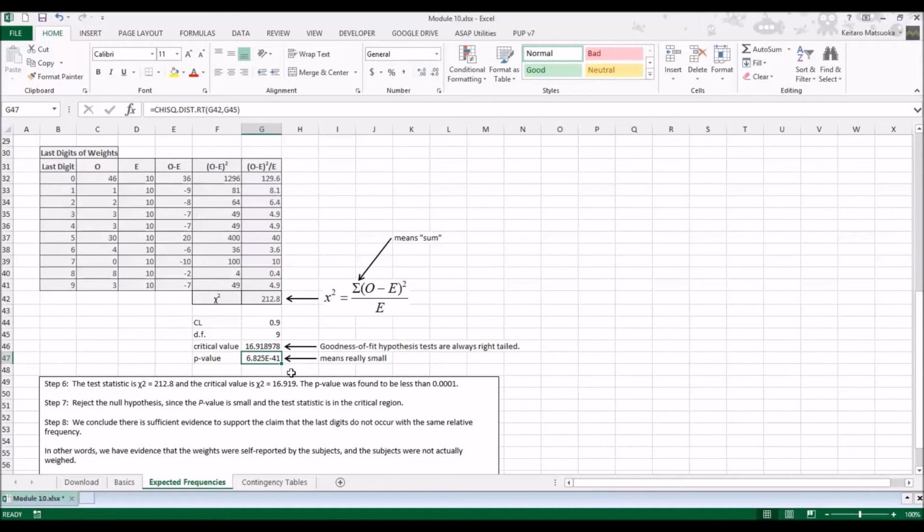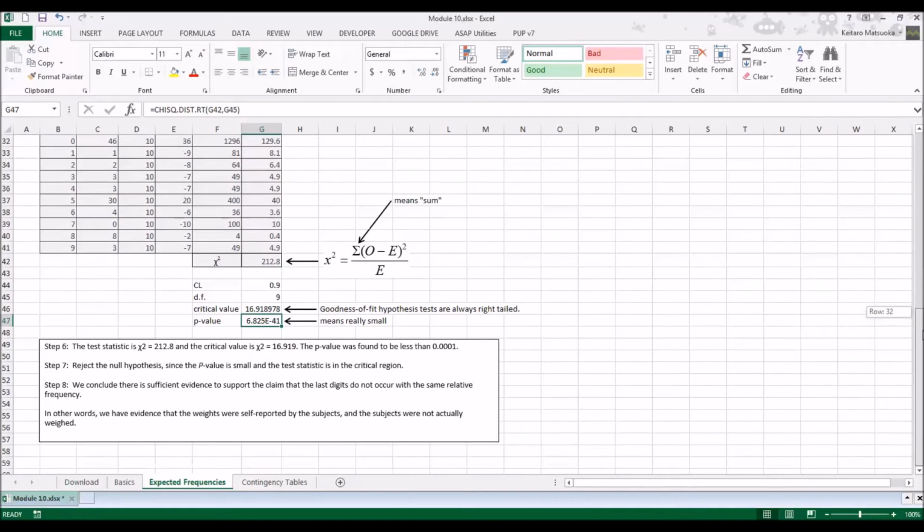this number right here. If you ever see an E and a negative number, in this case E negative 41, this is scientific notation, meaning the p-value is extremely small: 0 point, then 40 zeros, followed by 6825. It's an extremely small number.